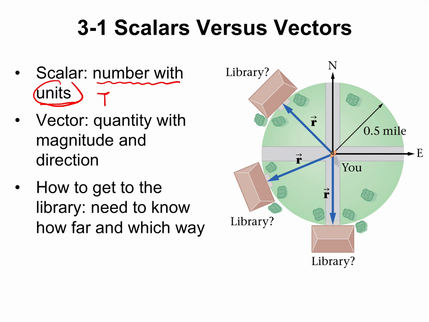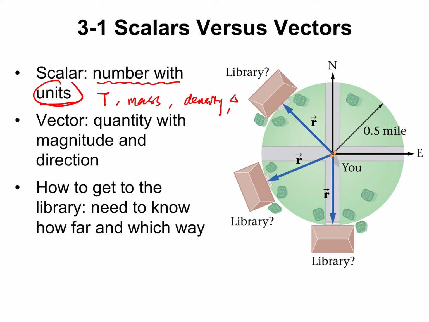Temperature is a scalar, mass is a scalar. We'll learn what mass is later in Newton's law. Density is an amount of matter per unit volume. That is a scalar.